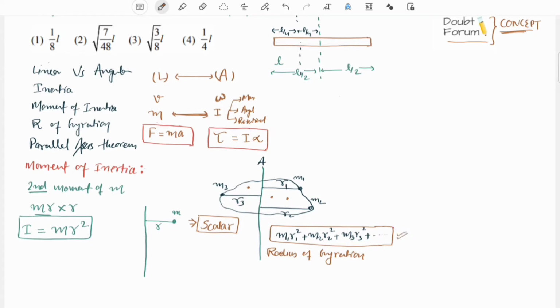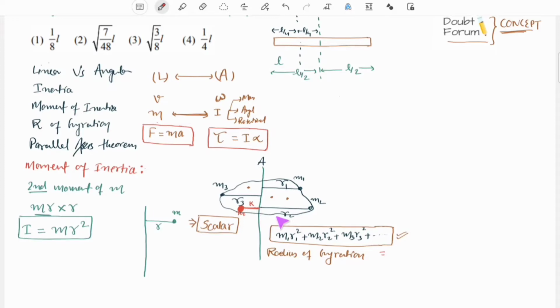We assume that the entire mass of this body, m1, m2, m3, m4, total, if the entire mass of this body was located at an imaginary distance of k, so the moment of inertia of the entire body would be equal to the moment of inertia of the body when its mass is concentrated at a distance of k from the axis. So it is an imaginary point.